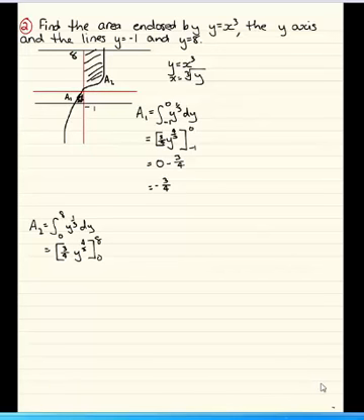So when you substitute 8 in, you end up with 12. We already know 0, we did that, so it's equal to 12. So the area to the left is 3/4 units squared, and the area to the right is 12 square units. So my total area is equal to 12 3/4 square units.